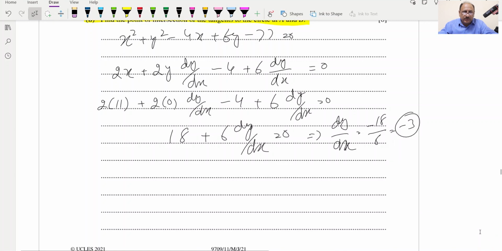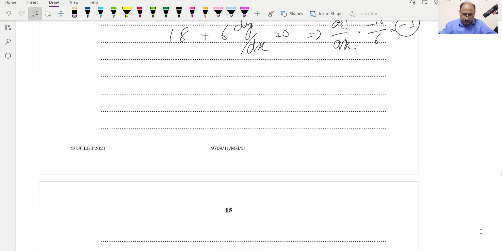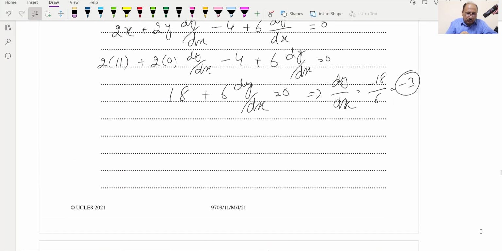Now we will use the points to write the equation of the line in point slope form. So y minus y1 is equal to m into x minus x1.